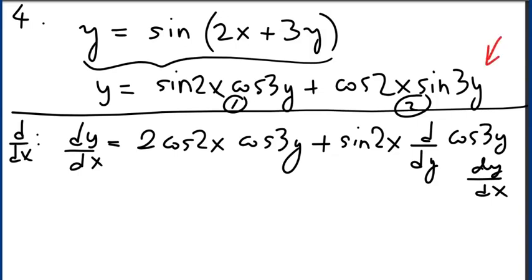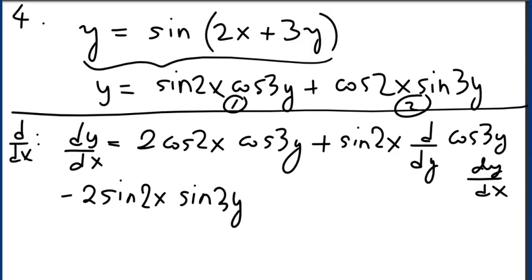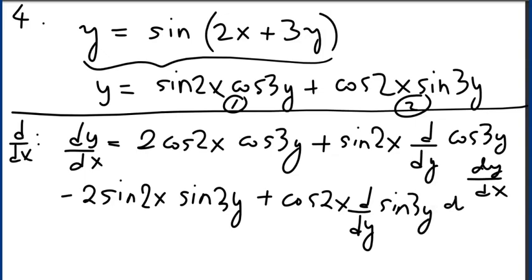Now let's do term number 2. So you differentiate the first term in term number 2, cosine 2x. So that's going to give you minus 2 sine 2x. And you simply write down the second term, sine 3y, plus you write down the first term, and now you differentiate the second term using chain rule. So d/dy of sine 3y times dy/dx.